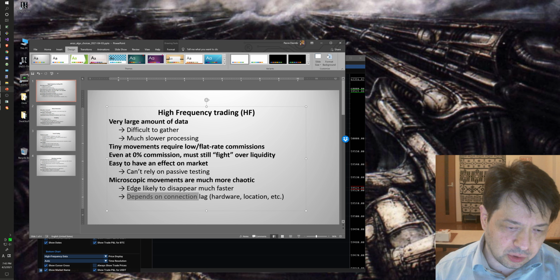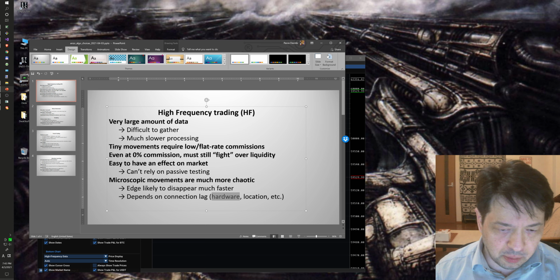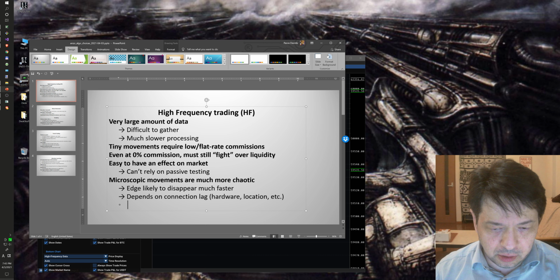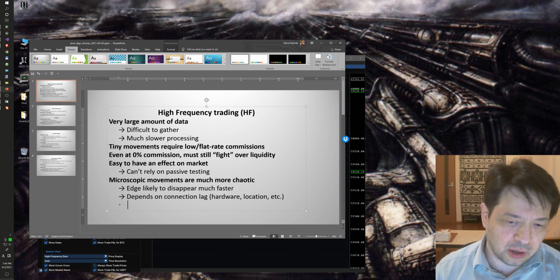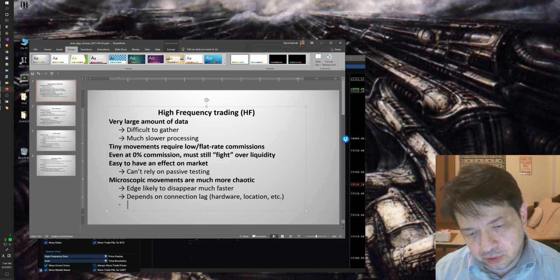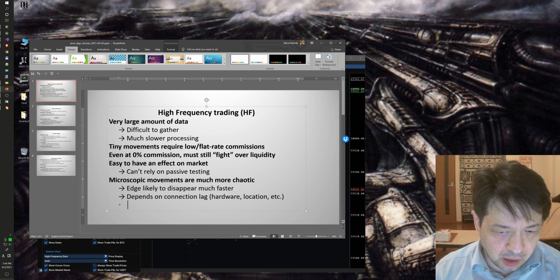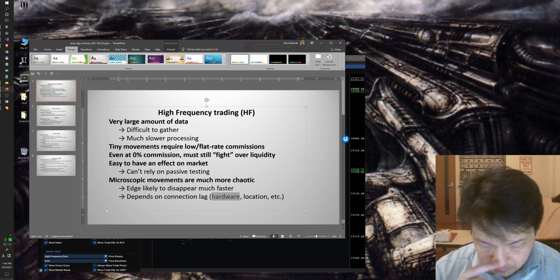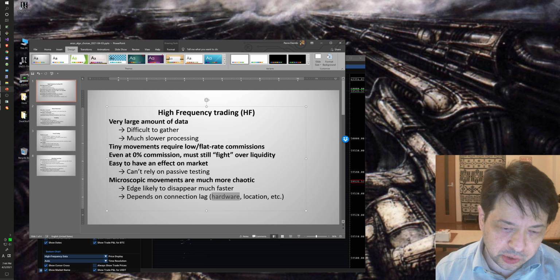And also, everybody generally knows that the big players in high frequency have especially good locations for connectivity, so as to have that kind of edge on the millisecond or microsecond, and powerful, or at least sometimes not necessarily powerful hardware, but hardware that is optimized for reducing lag.